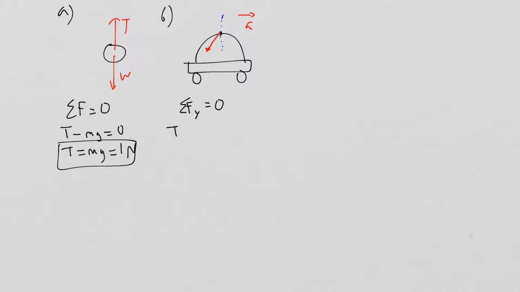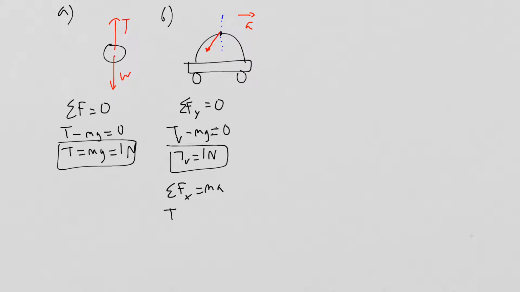Actually, we don't need the components. The vertical tension minus the weight equals 0, or the vertical tension is 1 Newton, because we already calculated that. And then the horizontal part is what causes it to accelerate.